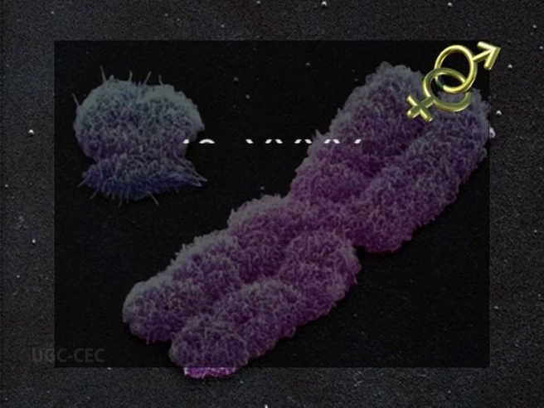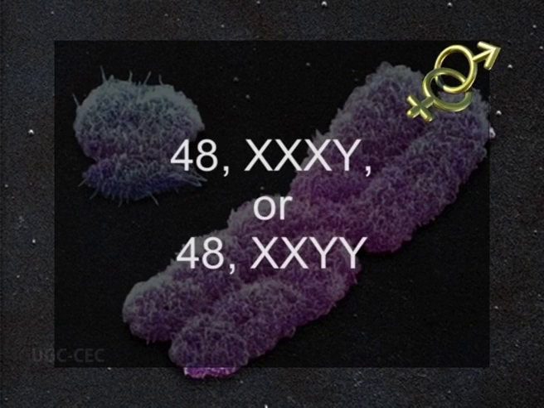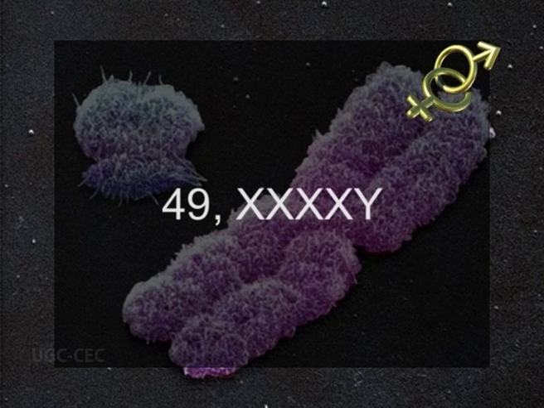When additional X and or Y chromosomes are present in 48 XXXY or 48 XXYY or 49 XXXXY, developmental delays and cognitive difficulties can be more severe and mild intellectual disability may be present.